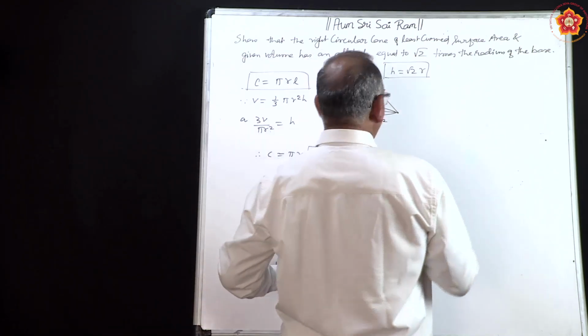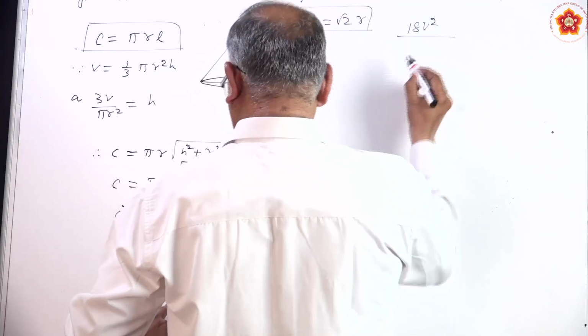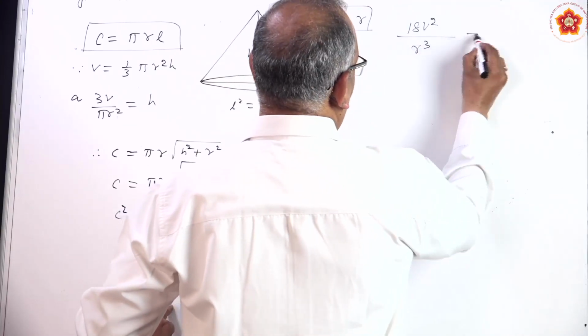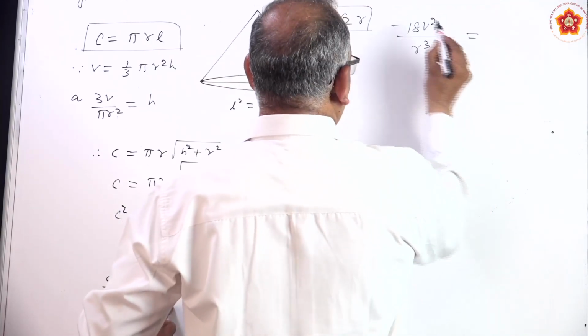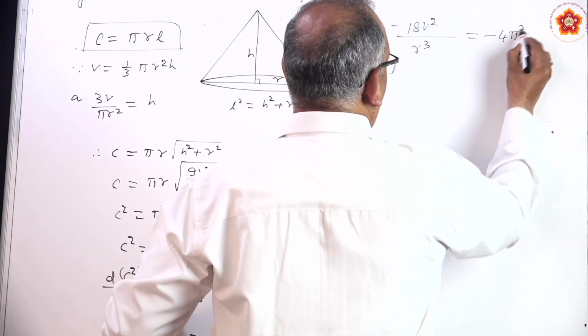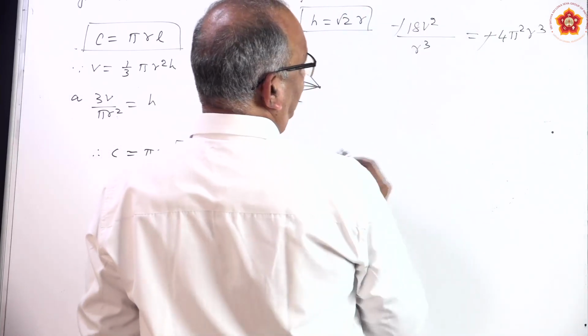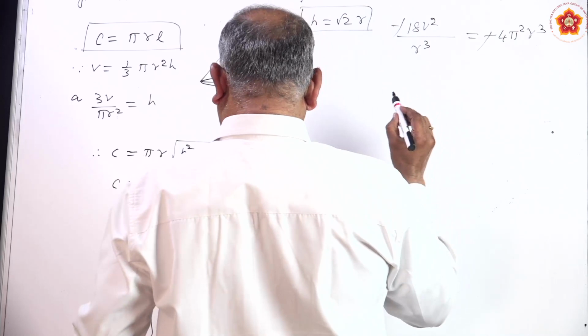So we can say that 18v² by r cube is equal to 4π²r³. Minus and minus cancel.